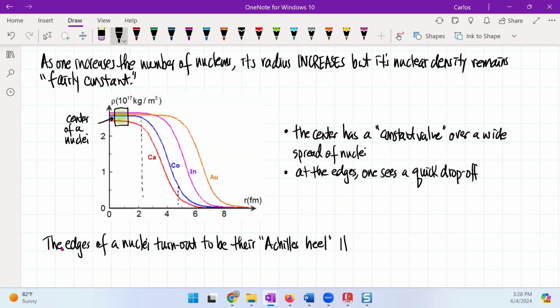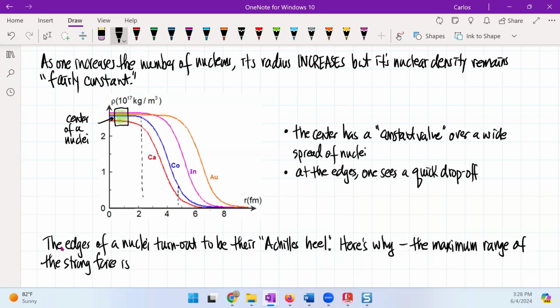Here's why. The maximum range of the strong force is 2 Fermis.